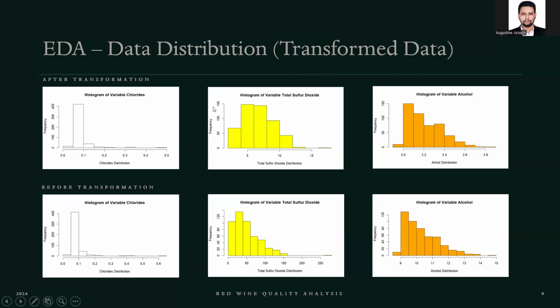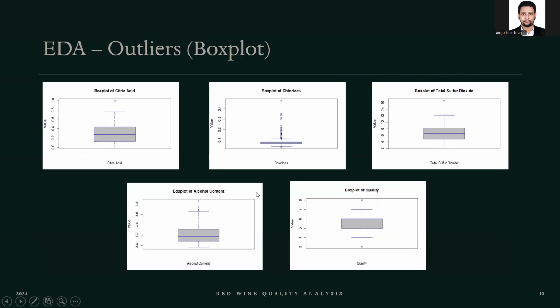We don't see much of a difference in distribution. So now we'll see whether outliers are present in the data, which is causing this distribution to be less affected by the transformations we did previously. When I check the outliers, I could see that chlorides have more outliers compared to the other variables, which have very few outliers. So I need to treat the outliers.